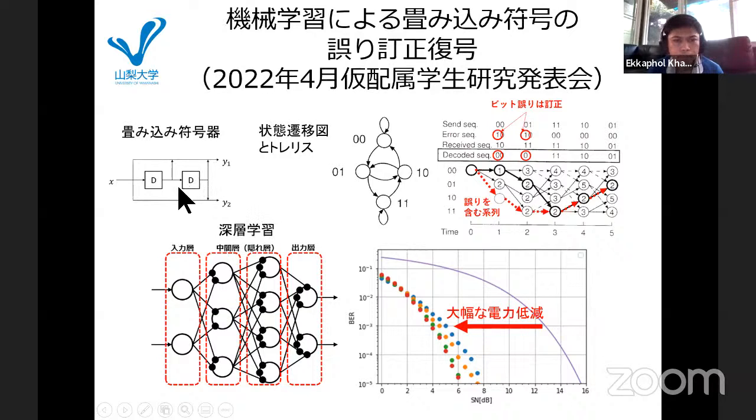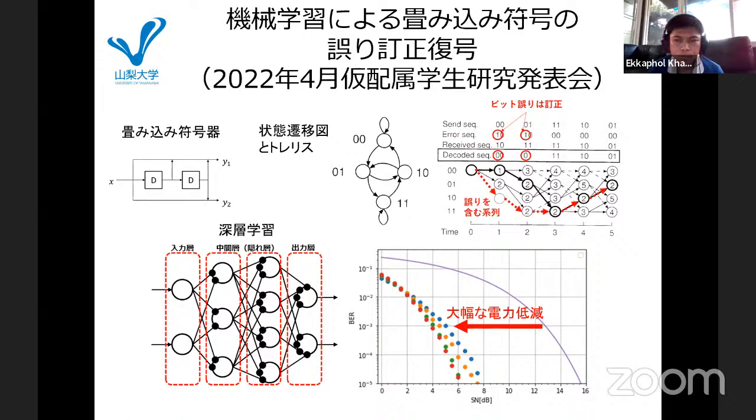Convolutional encoded signals Y1 and Y2 are represented on this trellis, which has very limited, restricted transitions. All the transmitted signals should follow these arrows.